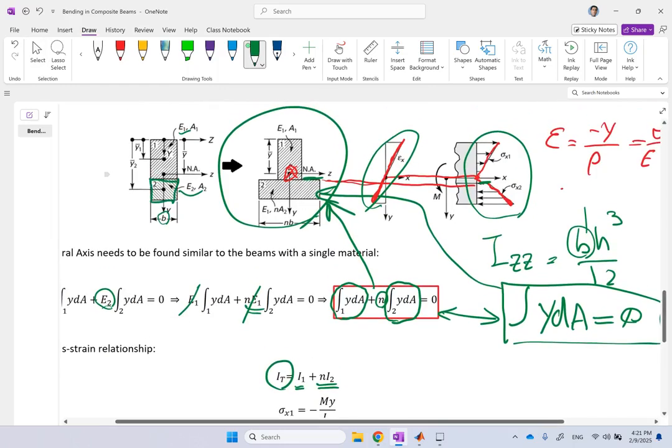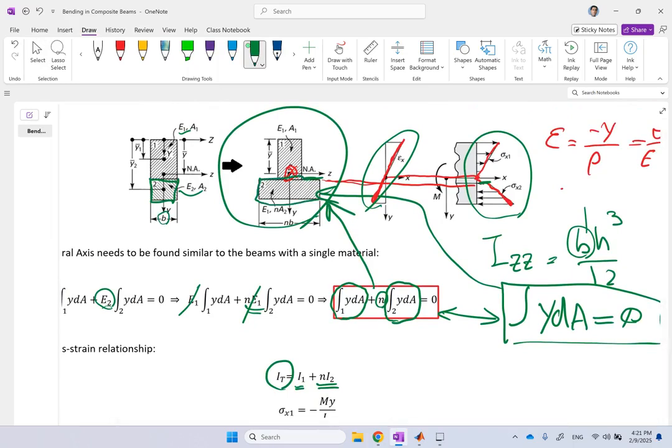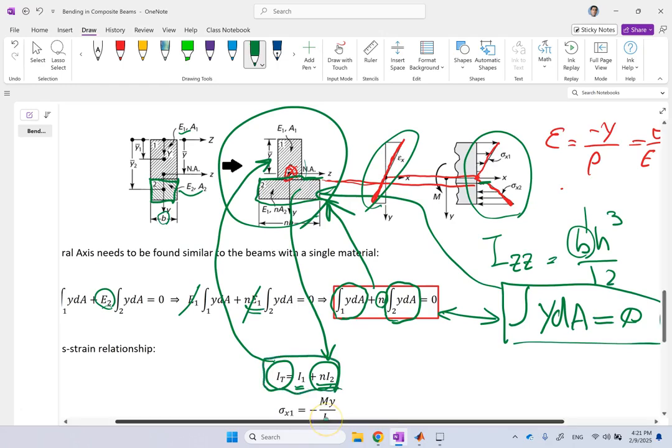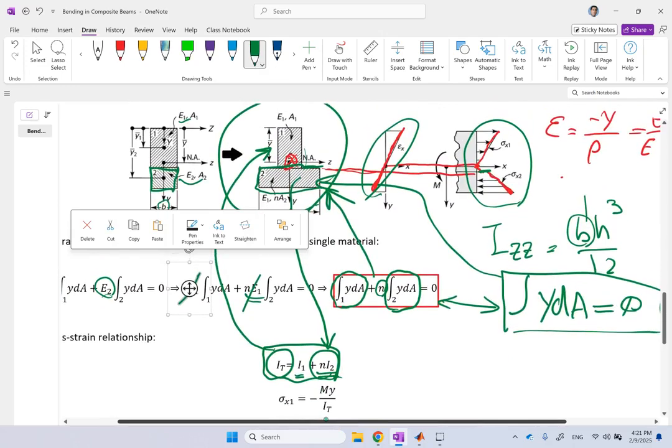When I say I2, I'm talking about this I. If I go with this transformed version, then this is already n times I2. So basically I_T is the moment of inertia for this transformed version. If I calculate I of this transformed version, it is already I_T, which I can use in my formula.